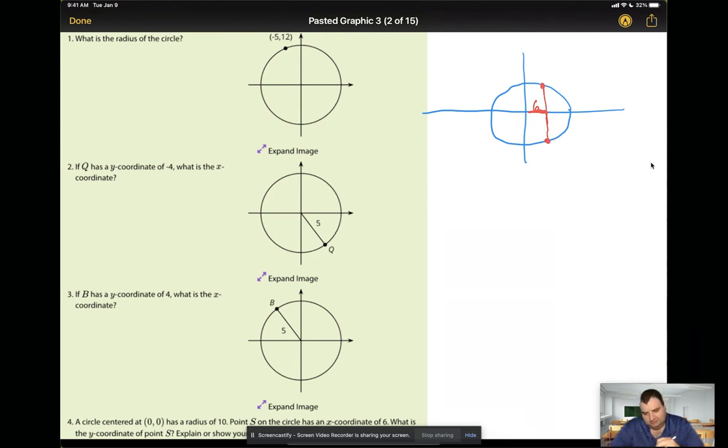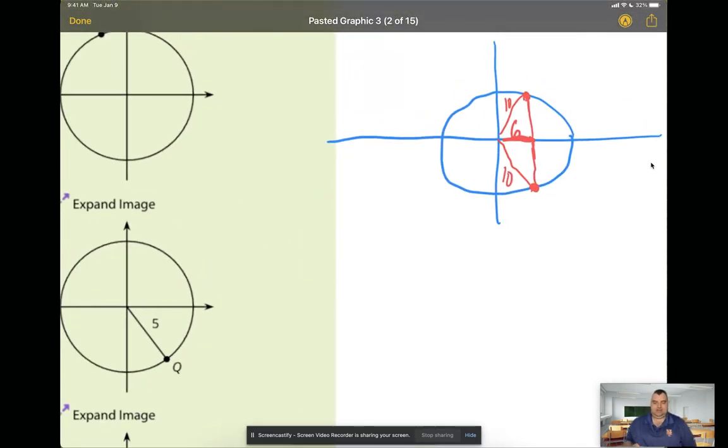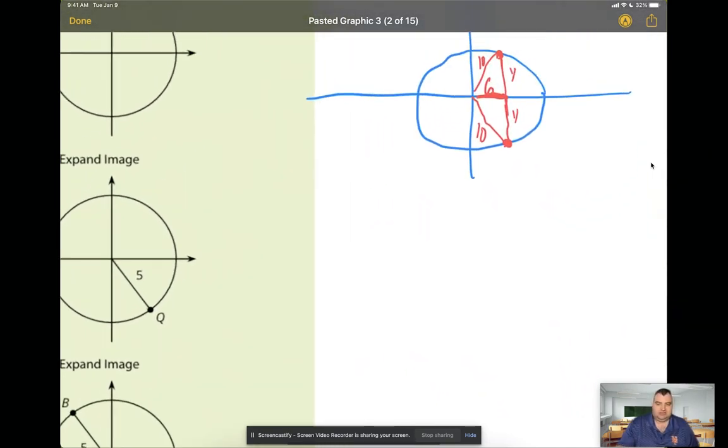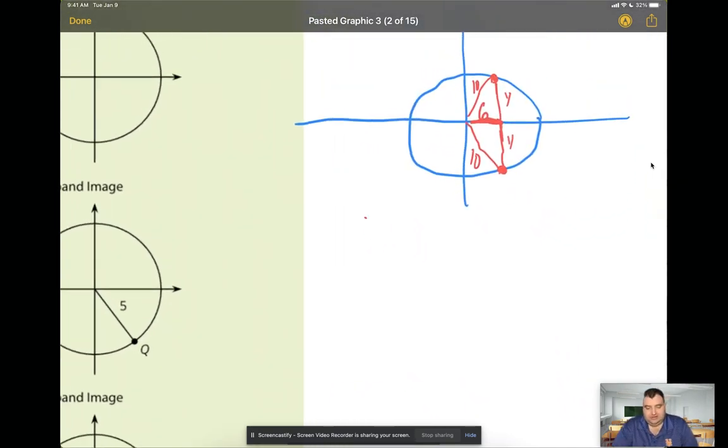I know that the radius is 10. So if I draw the radius, I know the radius is 10, but I've got to figure out what the y value is. So there are two possibilities because I can move to the right 6, which would be an x value of 6, but then I can move up or I can move down to get a spot on the circle. So to figure out those possibilities, we're going to use the Pythagorean Theorem again.